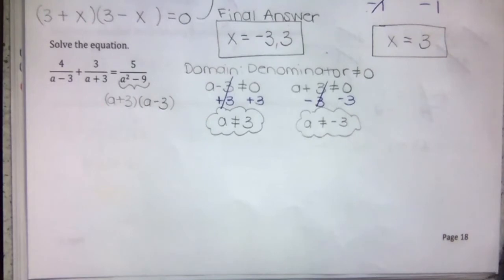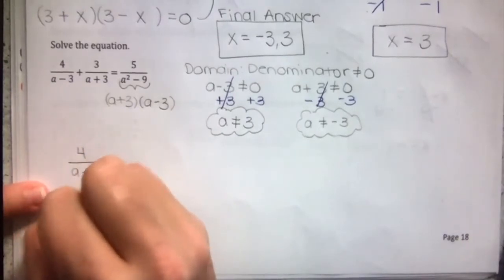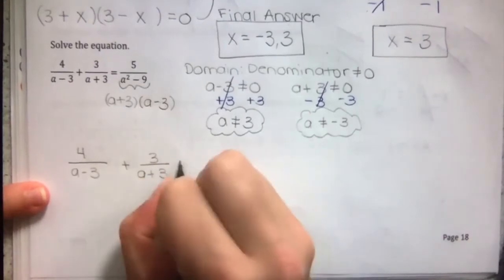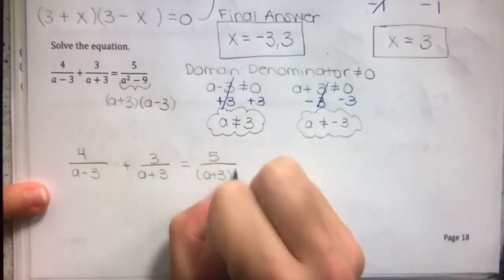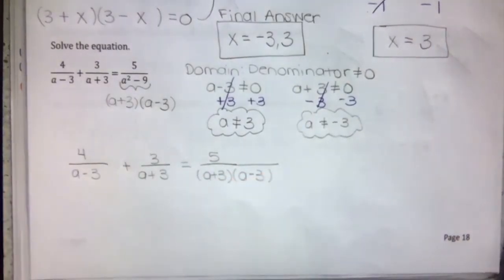So I'm going to rewrite my question in factored form so that we can see it a little bit better. So we have 4 over a minus 3 plus 3 over a plus 3 equals 5 over a plus 3 times a minus 3. Now let's actually solve it.